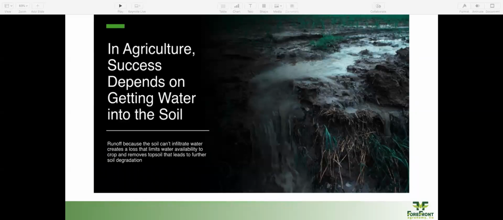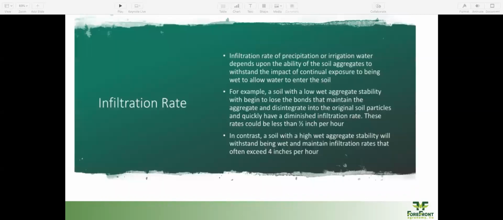I mentioned infiltration, and really, in agriculture, our success depends on getting water into the soil. It doesn't do us any good whenever it runs off down into the ditch and down the county road. We've got to get it into the soil, into that active root zone, so that the plant can use it.